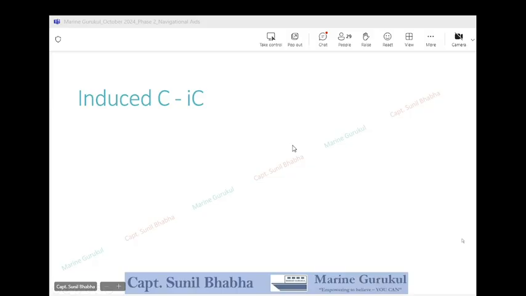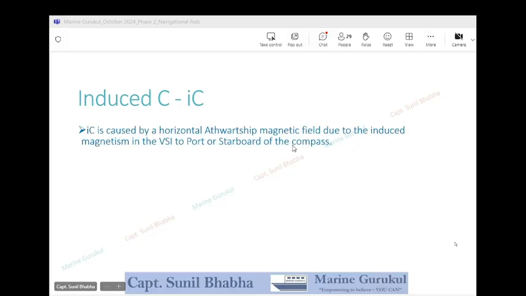Let's now move on to the second component of coefficient C, coefficient Charlie, which is induced C, in short known as IC. IC or induced C is caused by a horizontal athwartship magnetic field due to the induced magnetism in the vertical soft iron to port or to starboard of the compass location.